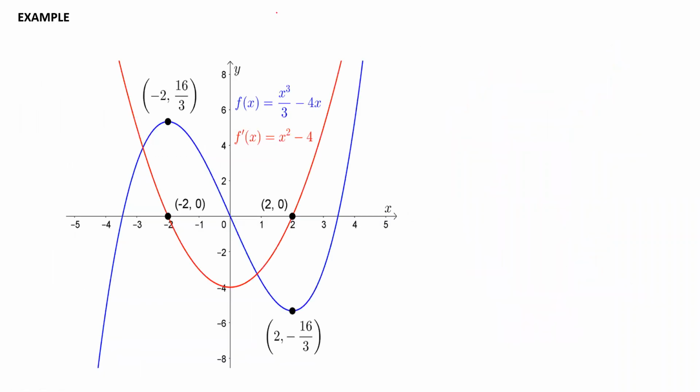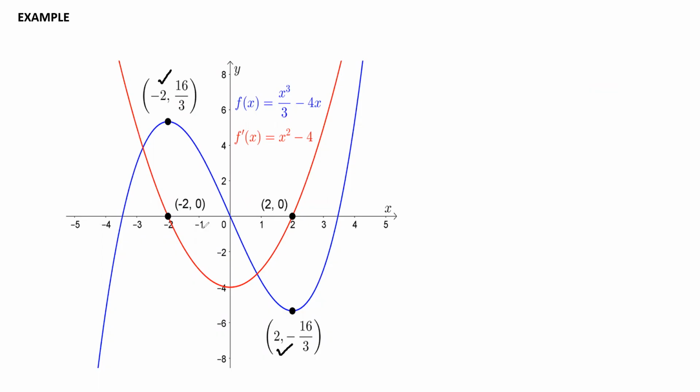So if you see in this example here, look at it. You've got the equation of the cubic, which is the blue graph, and then the first derivative being the quadratic right there. Now, in the blue graph, the cubic, the x-coordinate of the turning point is at -2. The other one is at +2.